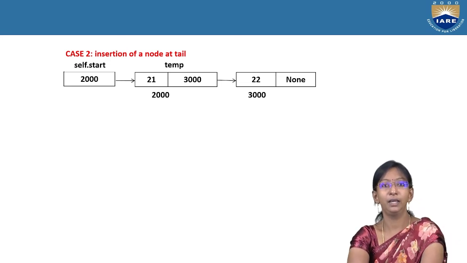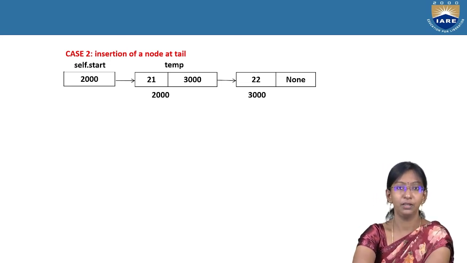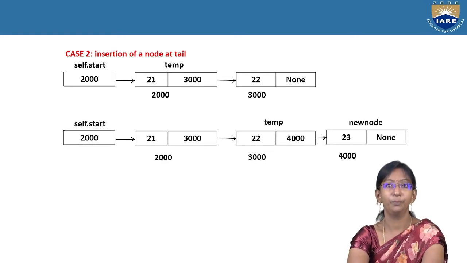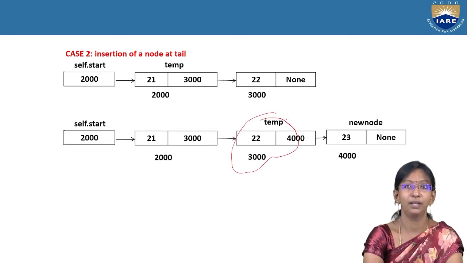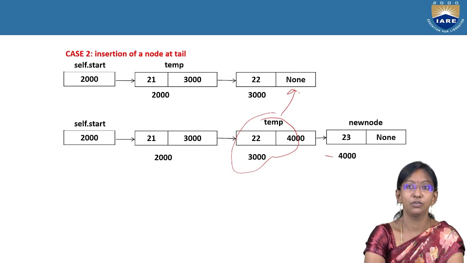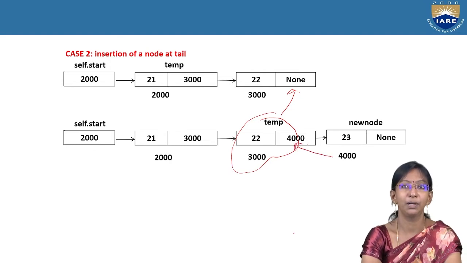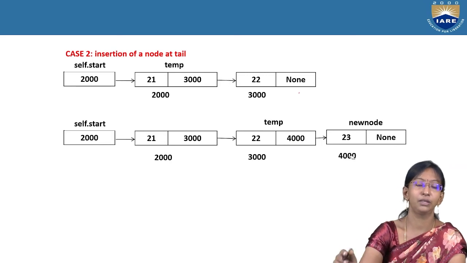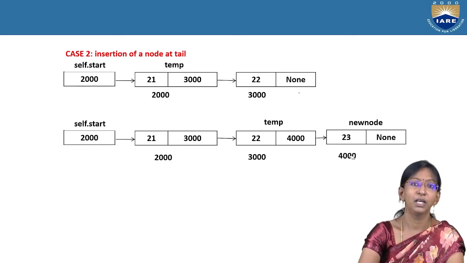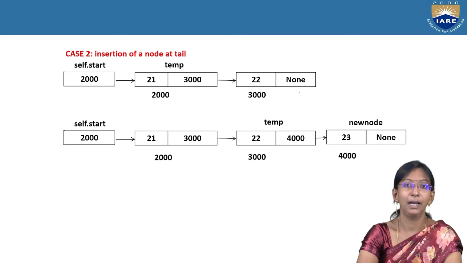So I have named the first node as temporary. As its next part is not None, I'm going to take a hop. When I took a hop, I reached the next node where its next part is None. So I have stored the address of the new node in it. Thereby I have built a relation between temporary and new. This is how I'm going to perform the append operation.